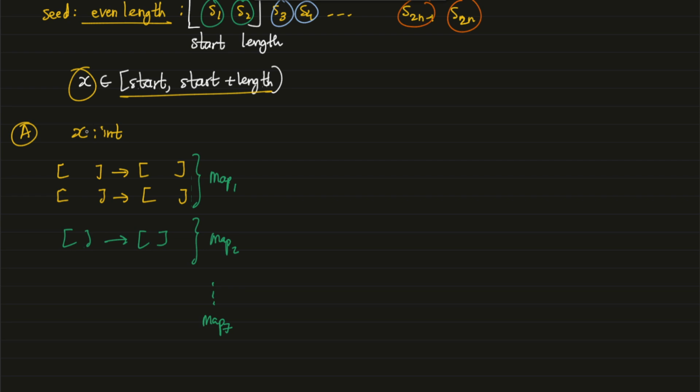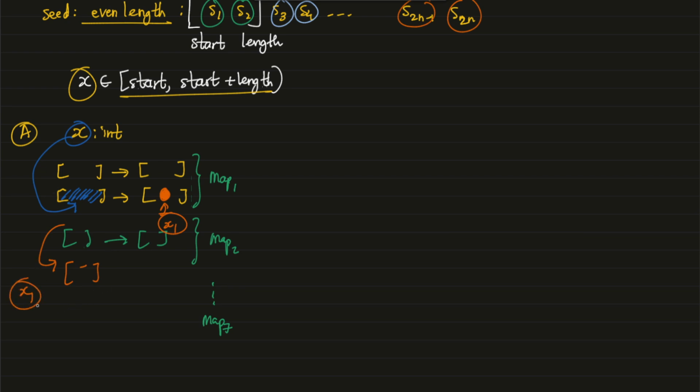Now, this x should have been matched with some range in this map, and then it would have been transformed to some value in this position. Let's say x1. Now this x1 becomes input to this. It would have been matched, or if it would not have been matched, then it remains the same, and so on.